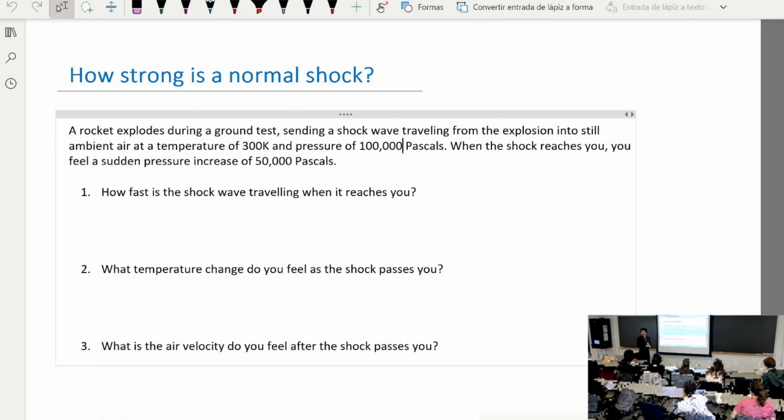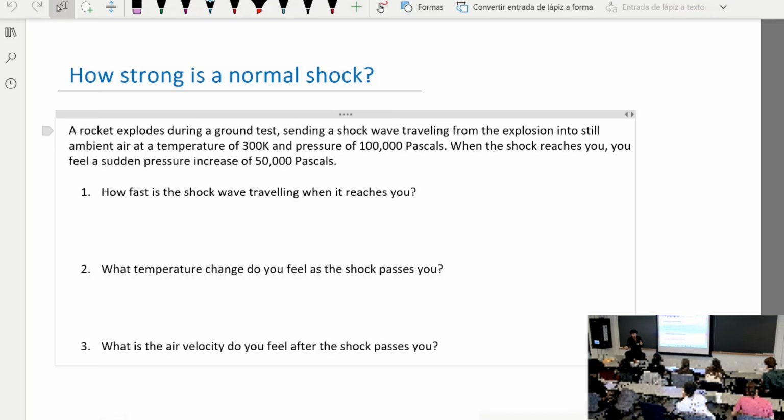Upstream, exactly. Okay, and is the air closer to the rocket upstream or downstream? It's downstream, right? Like if you're traveling with the shock wave, then the air is moving towards that rocket that just exploded.